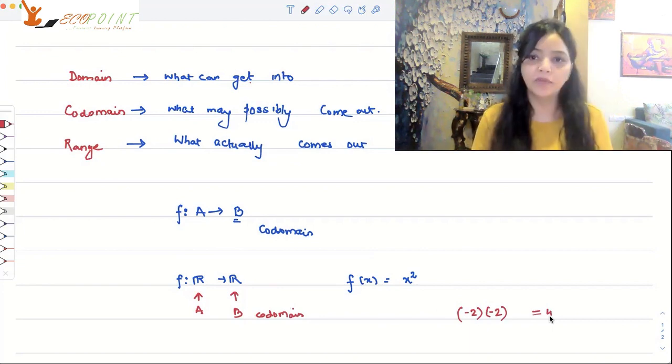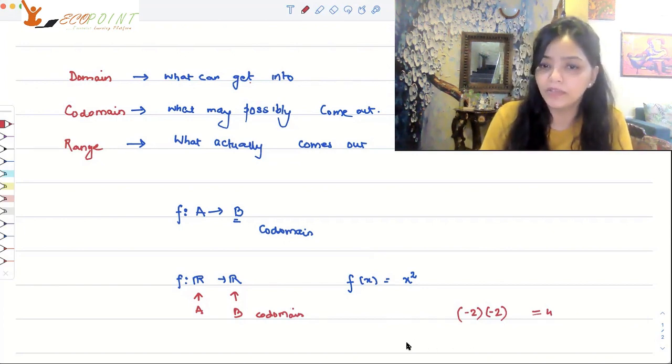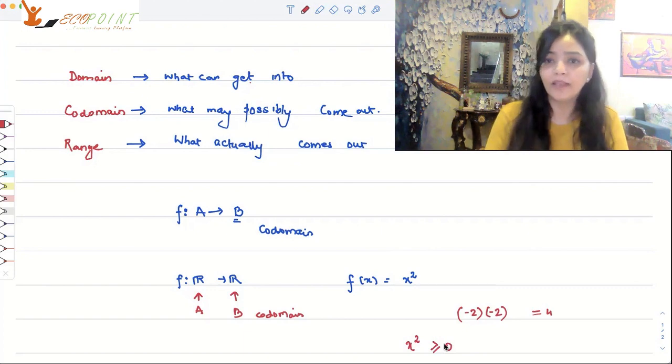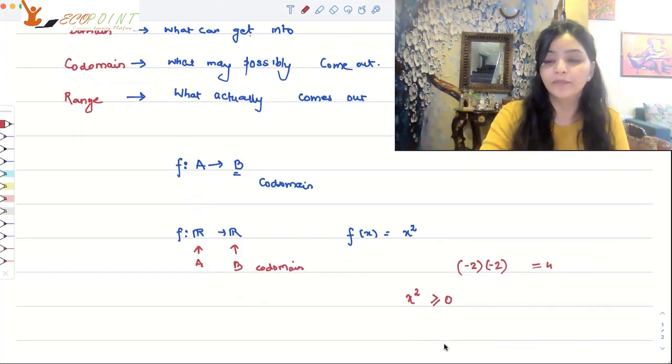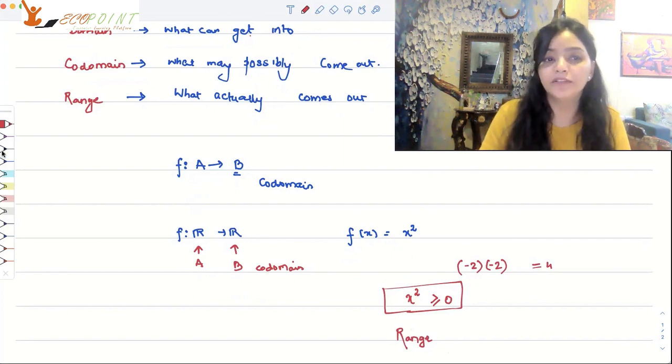If I take a positive number and multiply it by itself, I'll again get a positive number. So whatever number gets generated is always greater than or equal to 0. In fact, it will just be 0 when the input itself is 0, right? So what comes out is greater than or equal to 0.